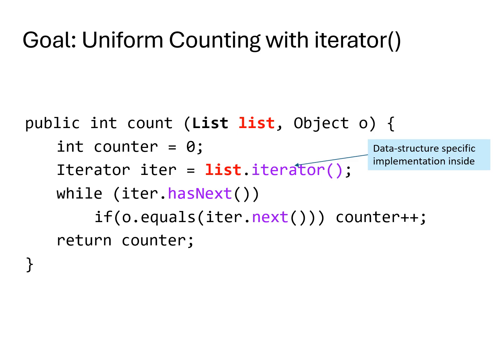The goal is to be able to ask any list to return an iterator which has inside a data structure specific implementation, and then use this iterator in a very uniform way.